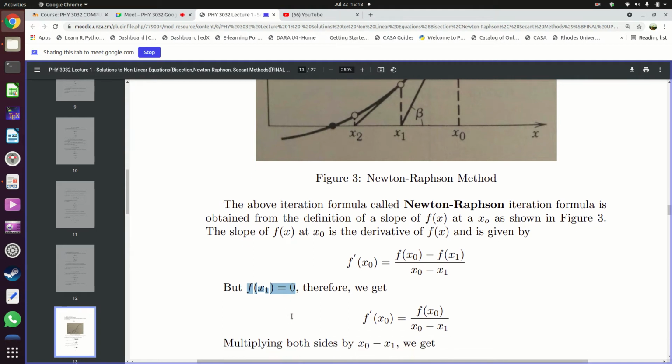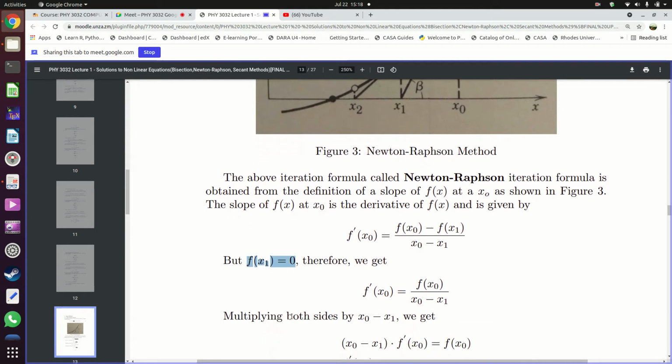So basically, whether by definition or by implication, if x1 is our solution, then f of x1 must be 0. Are we clear? Yes, we're good. Therefore, this bit f of x1 is going to become 0.